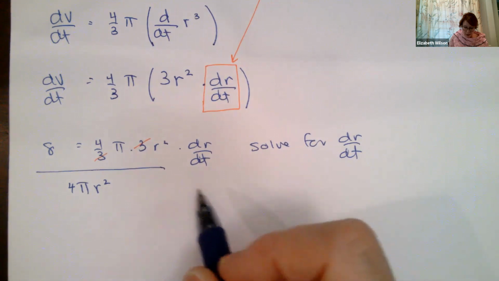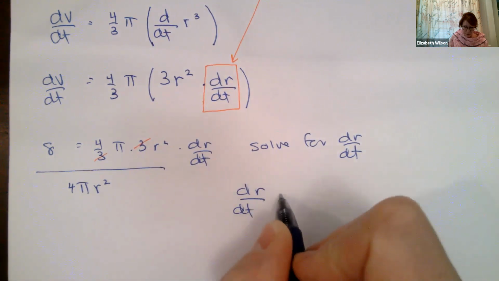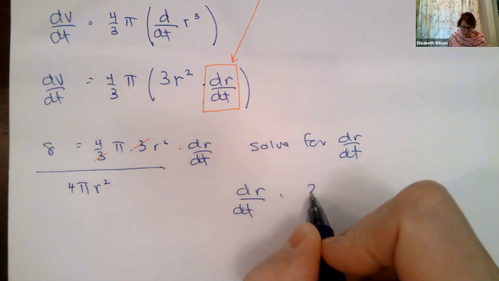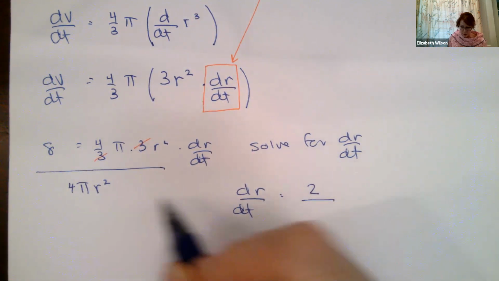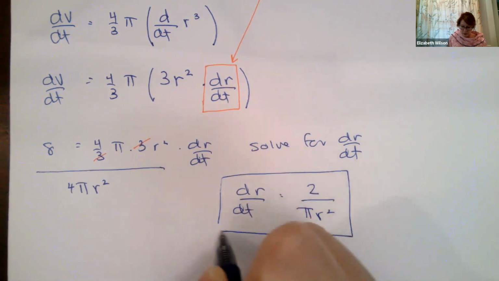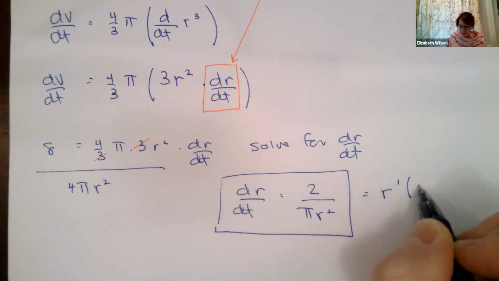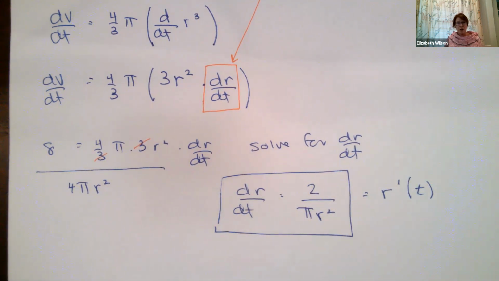So now my dr dt: 8 divided by 4 is 2, and then pi r squared in the denominator. In our Euler's equations, we call this r prime of t. This is the rate of change of the radius over time.